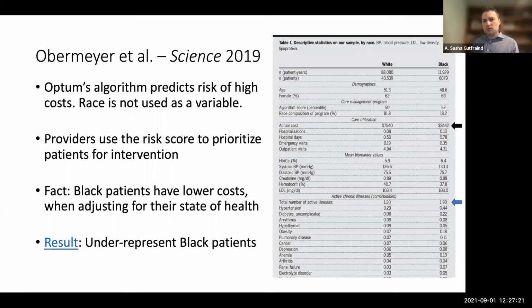However, it was ultimately designed to prioritize patients based on expected healthcare cost. Cost is very readily available. Unfortunately, Black patients had lower cost when adjusting for their state of health. And as a result, when this algorithm was applied, we got an underrepresentation of Black patients in the group getting that intervention. So they were basically getting less healthcare services.